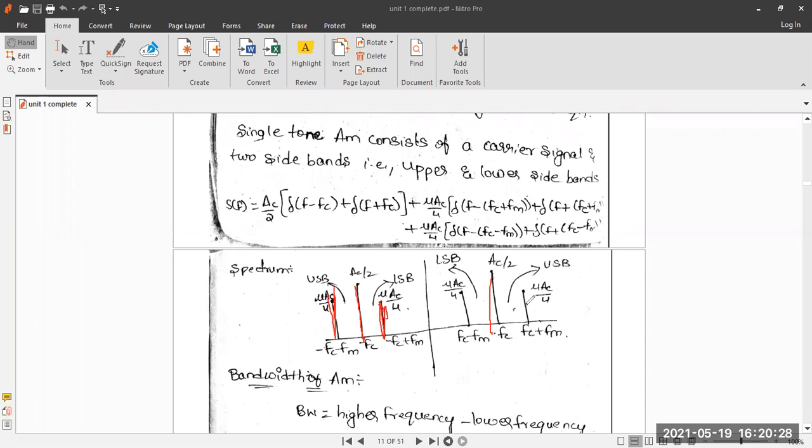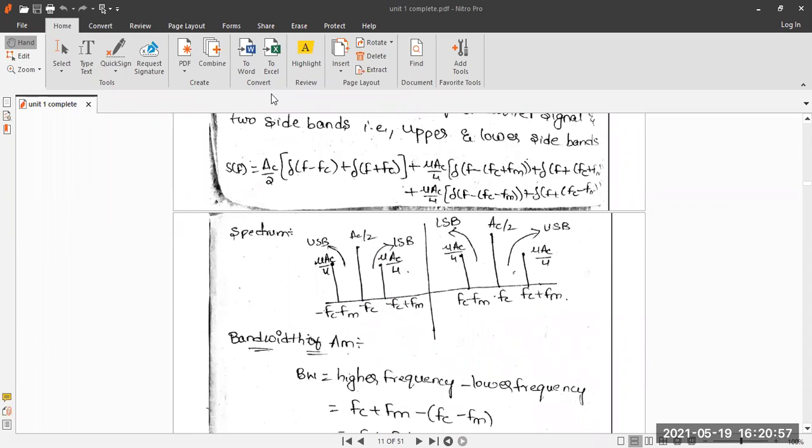Similarly, carrier, upper sideband, lower sideband. The amplitudes are Ac by 2, Ac by 2, mu Ac by 4. The area here is upper sideband, the area here is lower sideband. Similarly, this is lower sideband, this is upper sideband. Like that, we have to draw the spectrum of the single-tone AM equation.